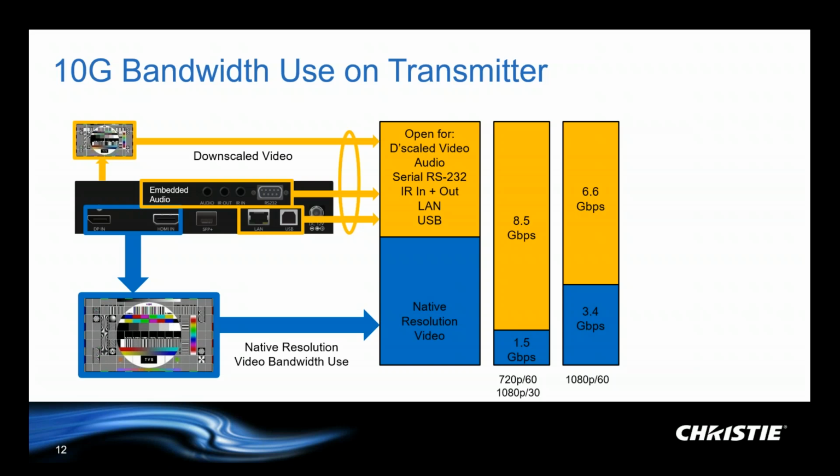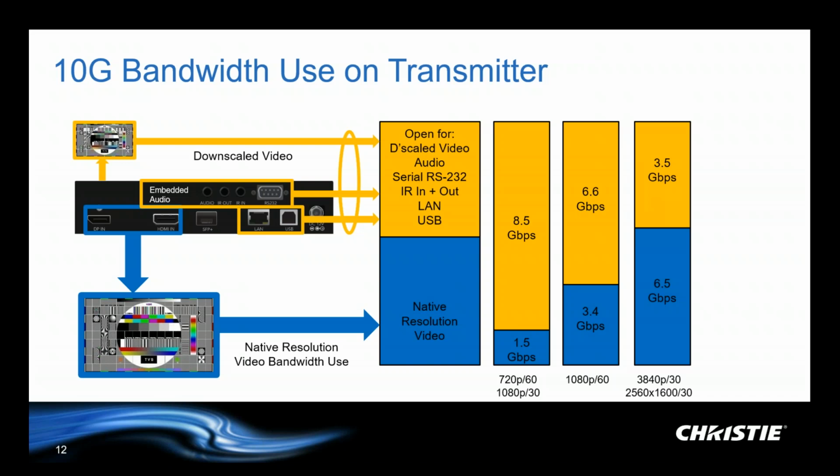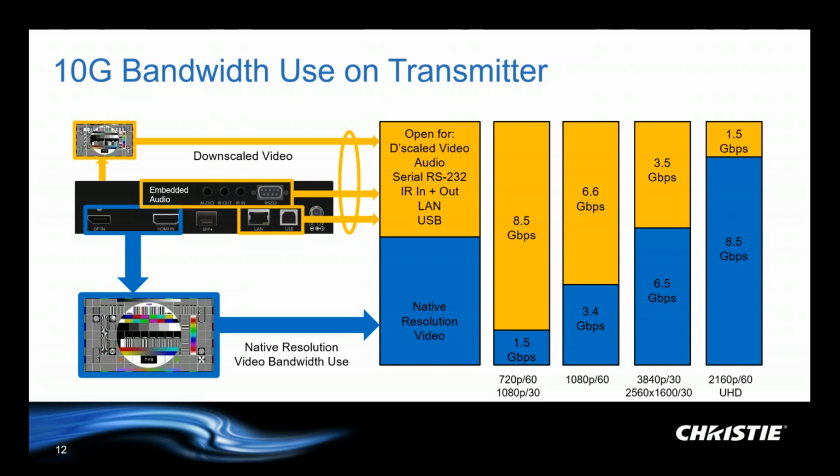So it will allocate less bandwidth for the rest of what we need, so stream 1 and everything else. And as that increases, now we're up to UHD at 30 frames or 2560 by 1600, we're up to 6.5 gigs of bandwidth. You can see that the bandwidth that's left for everything else decreases.